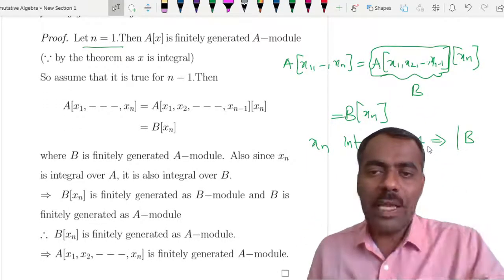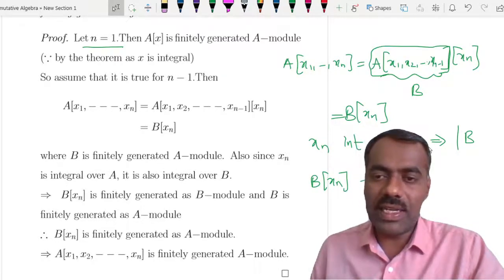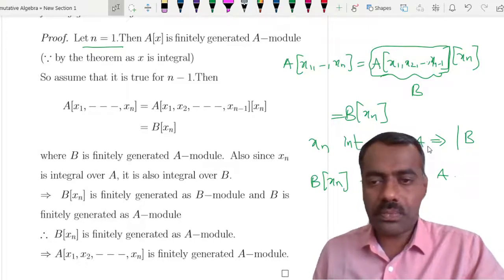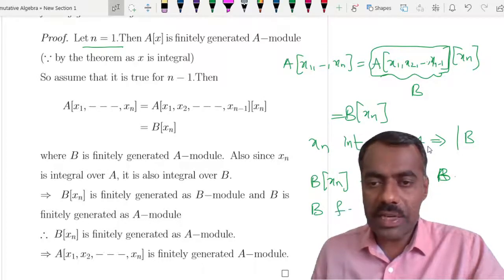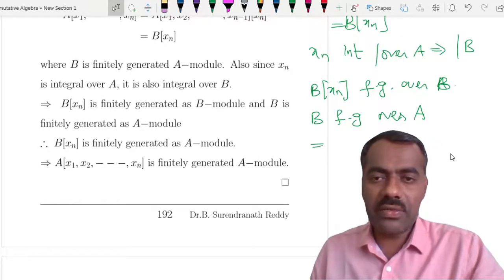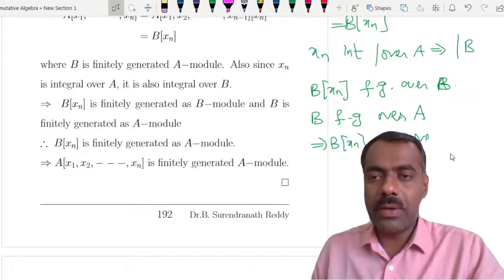Now applying the previous result, we get that B[xn] is finitely generated over B, but B is finitely generated over A. So by using transitivity for finitely generated, we get that B[xn] is finitely generated over A.